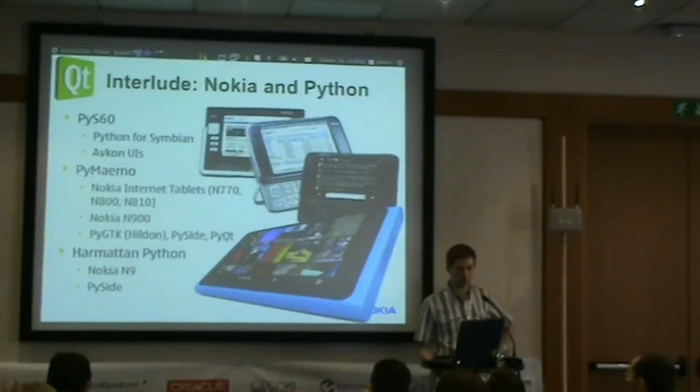The support is based on the PySide bindings project, and it supports both QML and Qt Quick, but also Qt Mobility and other platform APIs which might be useful for Python development. So it's a very nice device for hacking with Python in mobile environments.